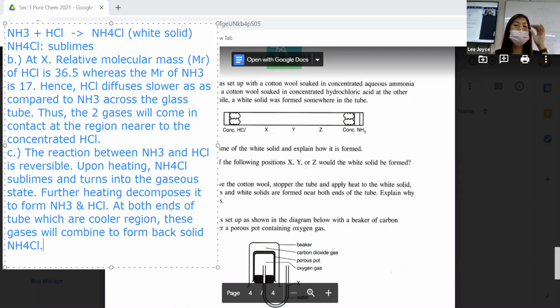So when these gases are produced, the ammonia gas and hydrogen chloride gas, they will start to diffuse towards the ends of the glass tube, which are the cooler region. So at the cooler region, they will come in contact and form back the ammonium chloride.